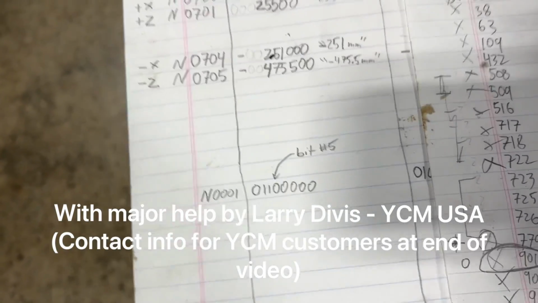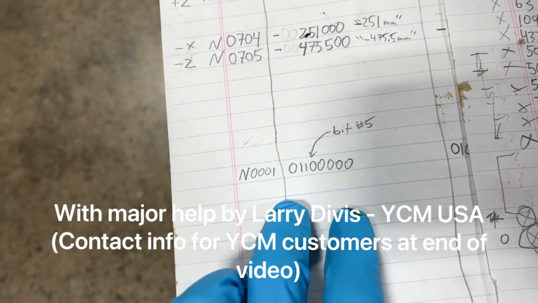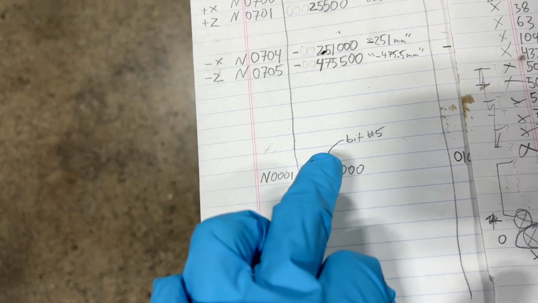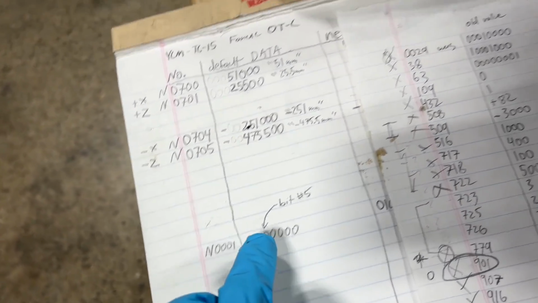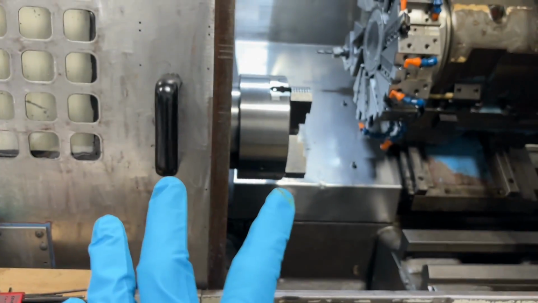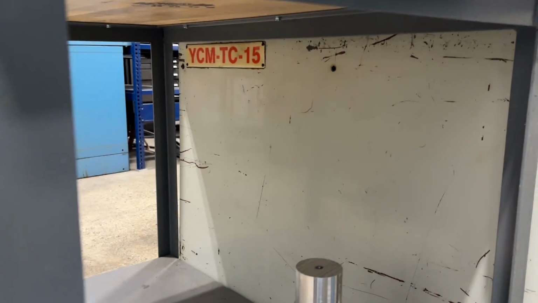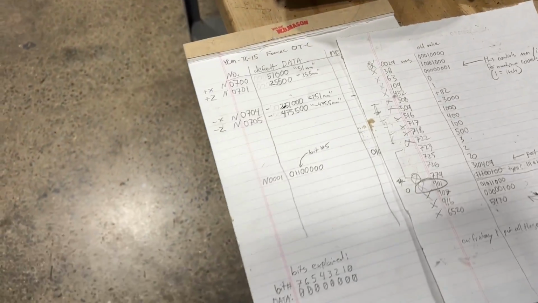So if you're having issues homing your machine, check this one. Now I'm not guaranteeing changing these bits to this value will work. It should work on this exact model, the TC-15, and I believe the TC-2 might be similar or the same.